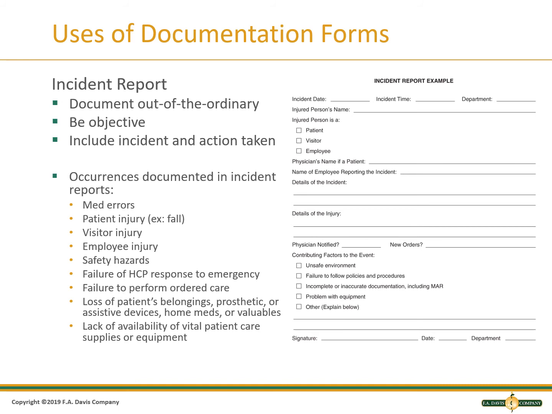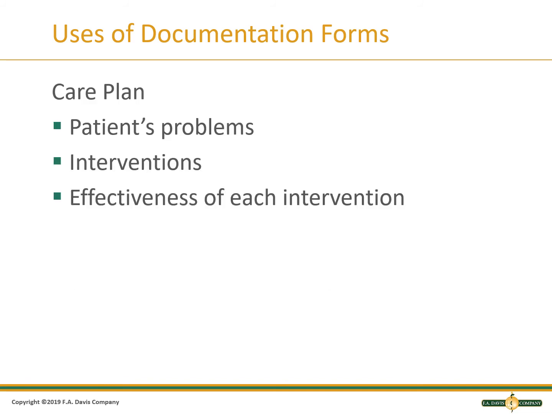The incident or variance report provides an accurate record of what happened for use if legal action does result. For more information about the care plan, see Chapter 4, PowerPoint and Lecture for details.